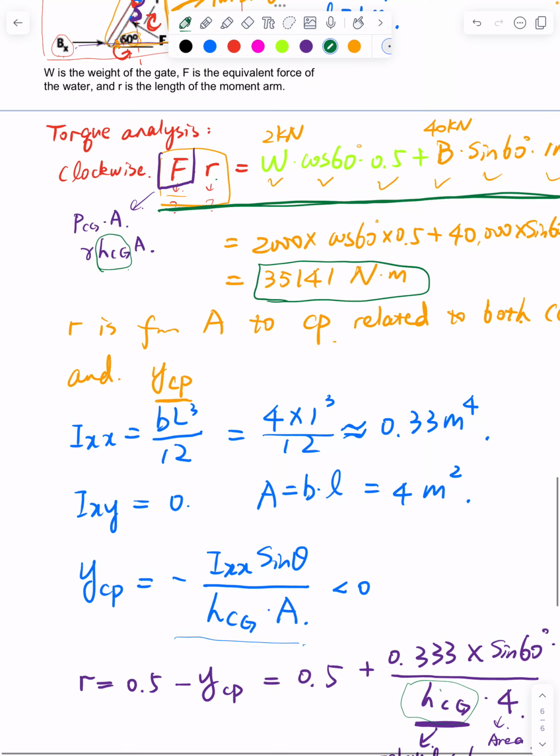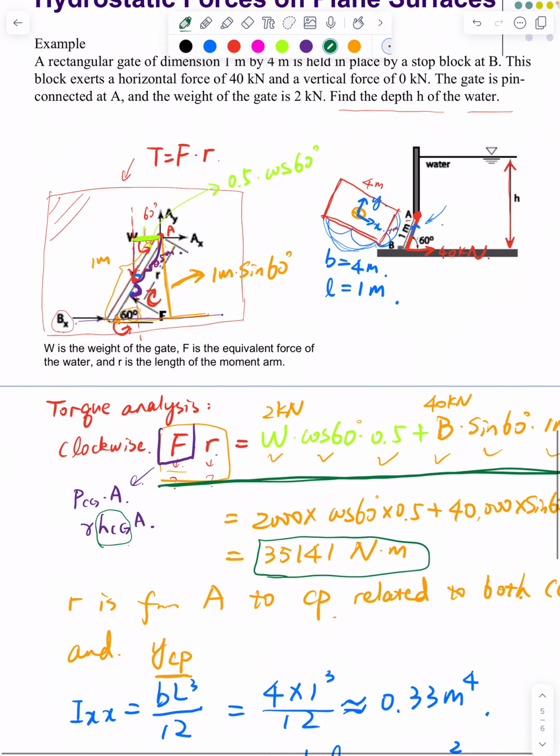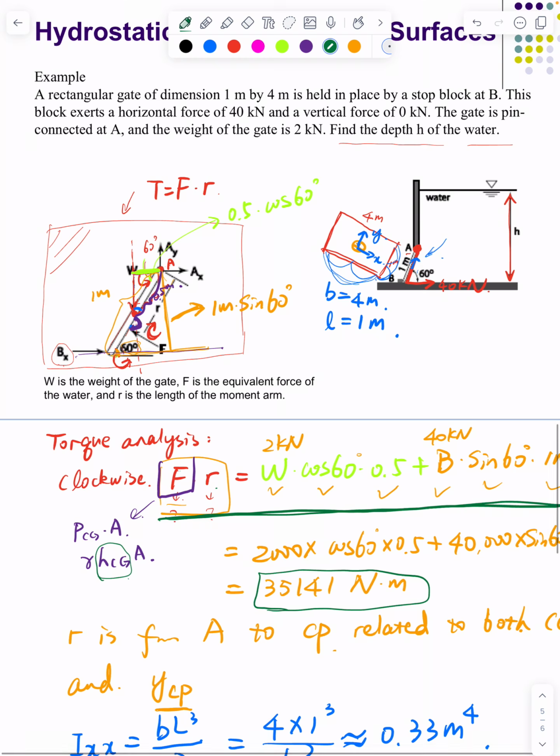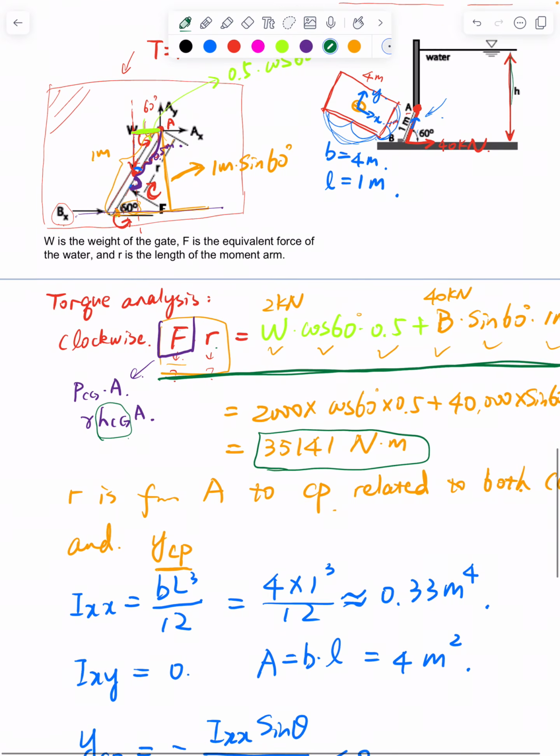So HCG seems to be the only unknown variable here, so theoretically this equation is solvable. At the same time, let's not forget they're asking for the depth H. So an easier way is to write HCG in terms of H. Then we can directly solve it.